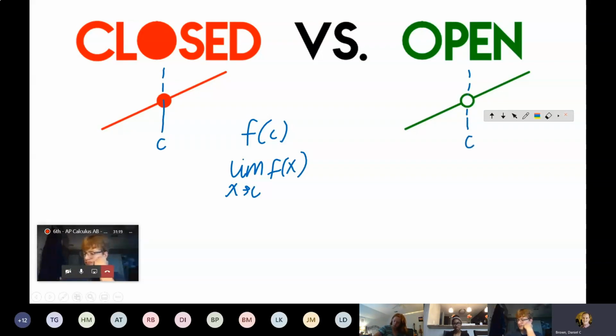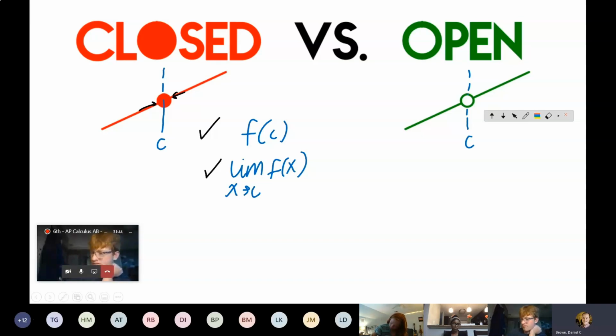For the closed circle graph, the one that I have in red, does the value exist at c? Yes, we can see it's a closed circle, so the value does exist. That's f of c. Does the limit exist? Yes, looking from the left and the right, the limit does exist.